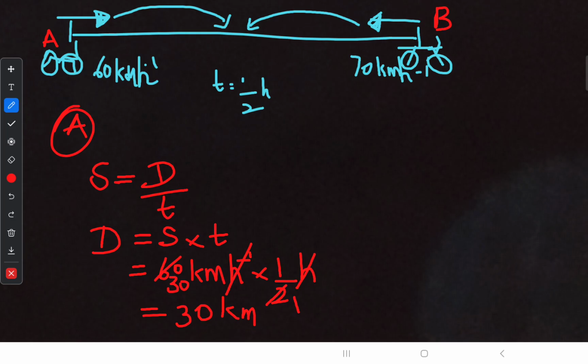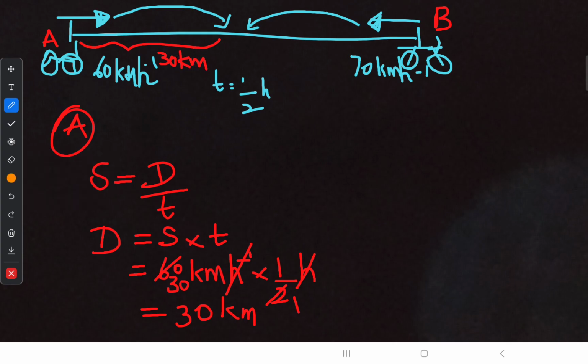Otherwise, we can directly find it by looking at the unit: for 1 hour he can travel 60 kilometers, so within half an hour he can travel 30 kilometers. This person A traveled 30 kilometers within this half an hour.